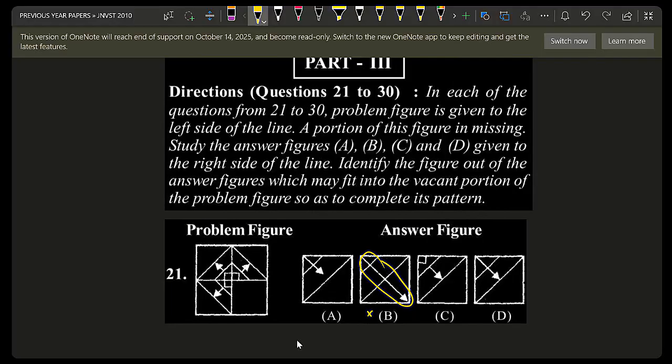C may be correct and D may be correct, but we have only taken care of the direction. Now we have to consider the other things. There is a square ready to get filled. In order to get the square filled, we want this part. This part is there in only C. So C is correct. You can see everything is matching with C. 21C. We'll take the next questions.